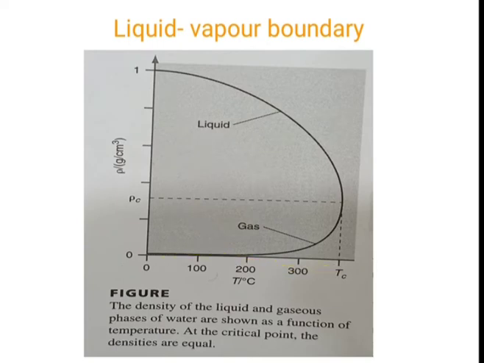So, the densities of the liquid and gaseous phases of water are shown as a function of temperature in this diagram, and at the critical point the densities of the liquid and the gas are equal. This rho C represents the critical point at which the density of liquid water and the density of water vapor are equal.